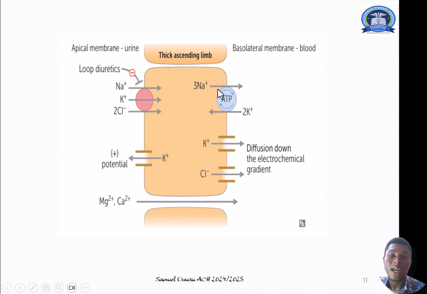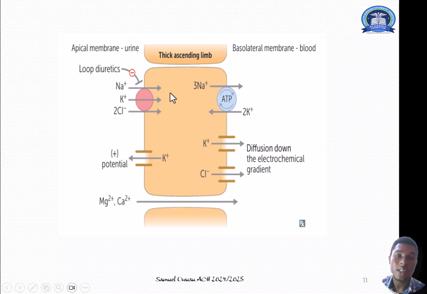Now remember I said that in every part of the tubule you should be expecting the sodium potassium ATPase. That is what is going to cause the creation of the gradient to cause either sodium efflux or the other ions. Okay, so you can see that we have 3 sodium ions leaving into the blood and then 2 potassium ions going into the cell.